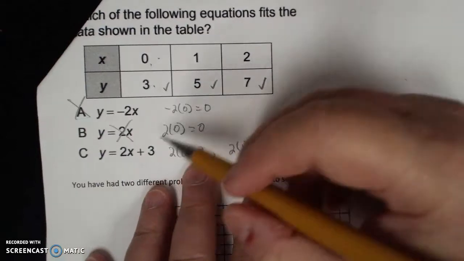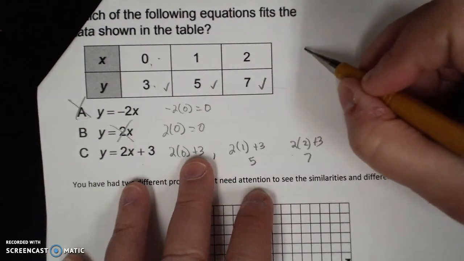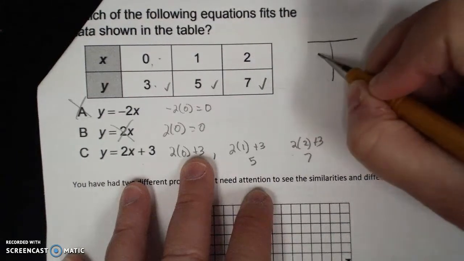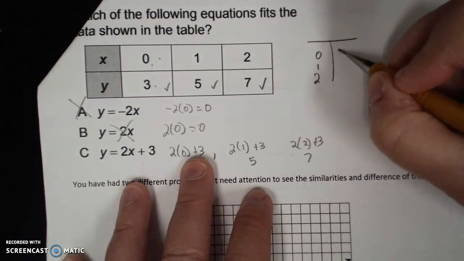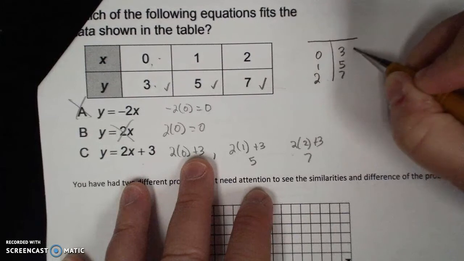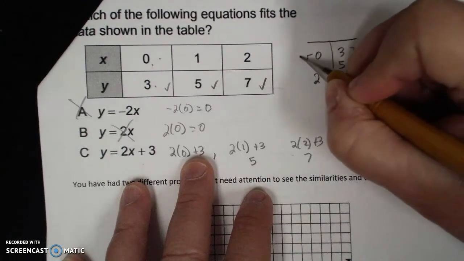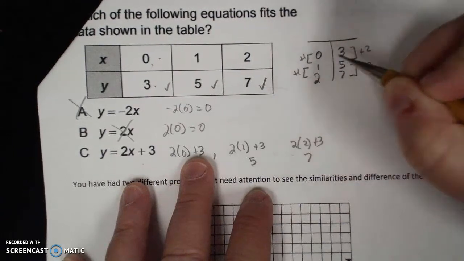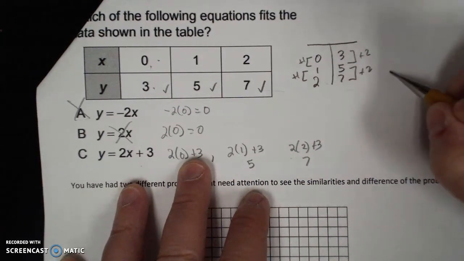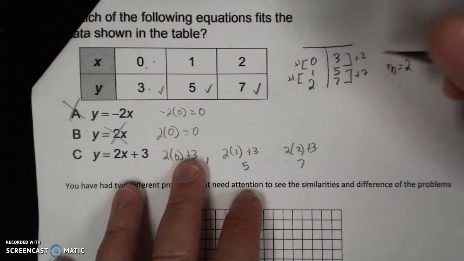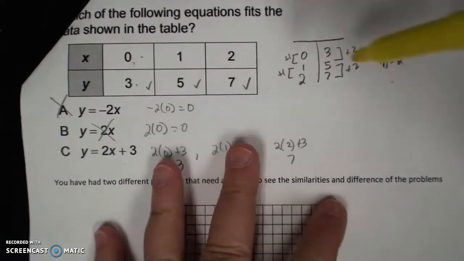The other way you could do it if you don't use your answers is you can change it. 0, 1, 2, 3, 5, 7, plus 2, plus 2, add 1, so it's a linear equation with the slope of 2 and the y-intercept of 3.